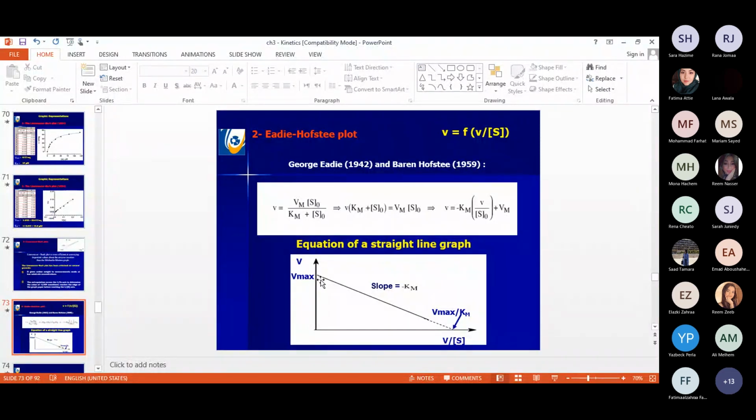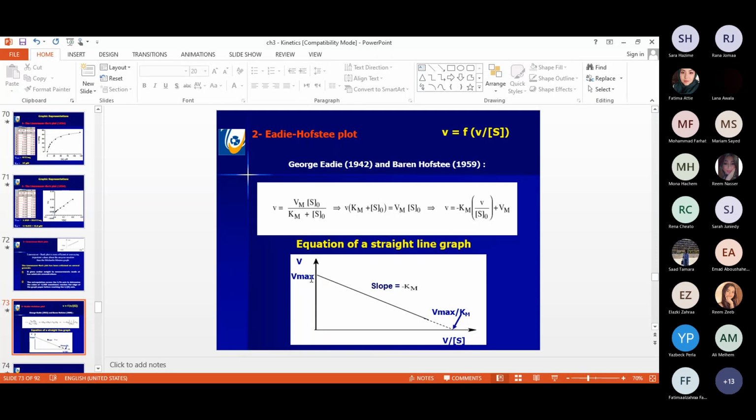This is a descending straight line because the slope is negative, minus Km. The interception point with the y-axis is equal to Vmax, and with the x-axis, extrapolating the graph, it will be Vmax over Km.